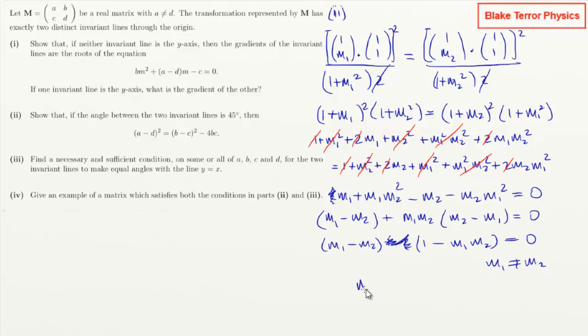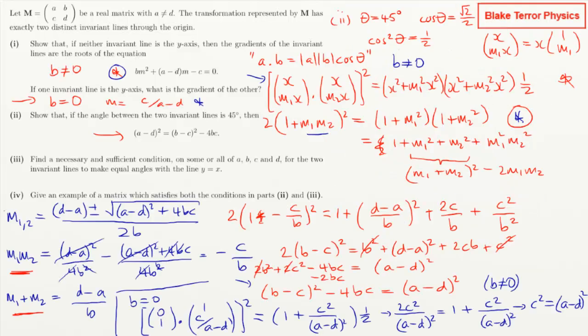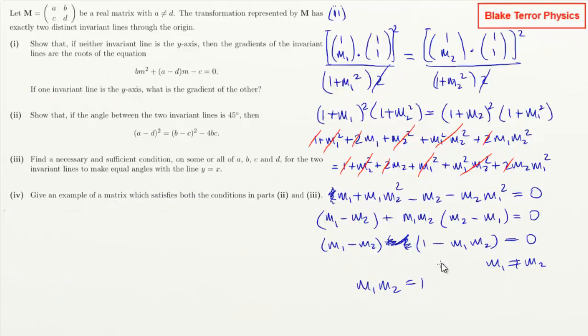So I've got that m1 m2 is equal to 1. And m1 m2 was equal to minus C over B. Okay, so I've got that C is equal to minus B is what I need for the necessary and sufficient condition for those.